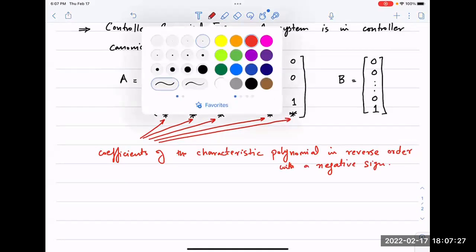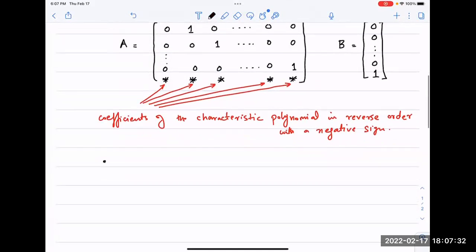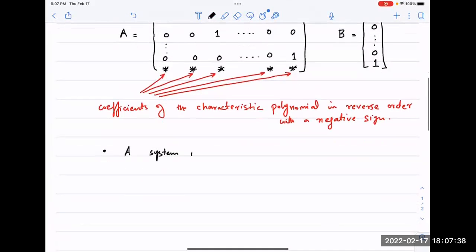So this was the controller canonical form that we have studied. And just a note here: a system which is in controller canonical form is always controllable.